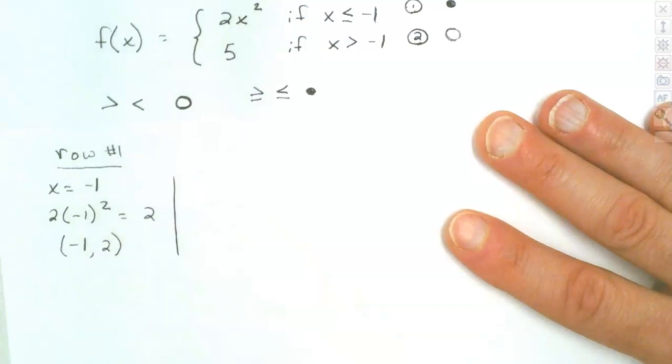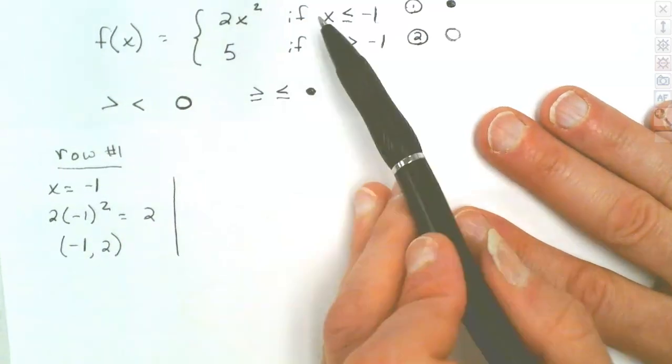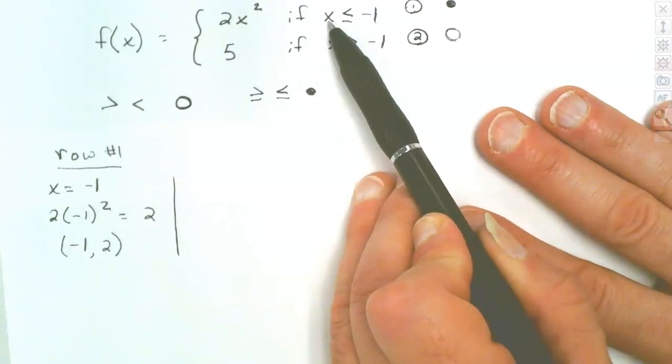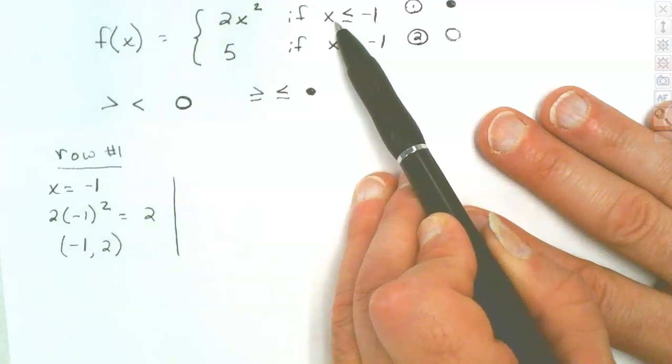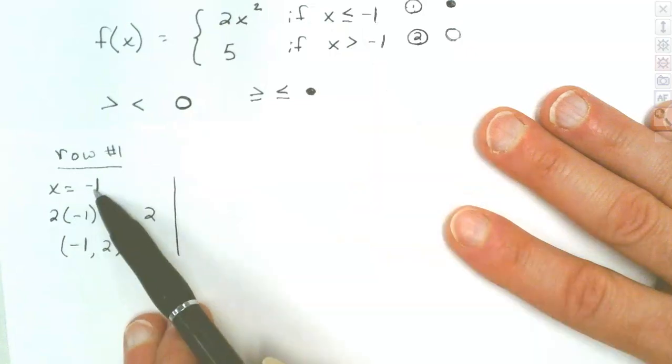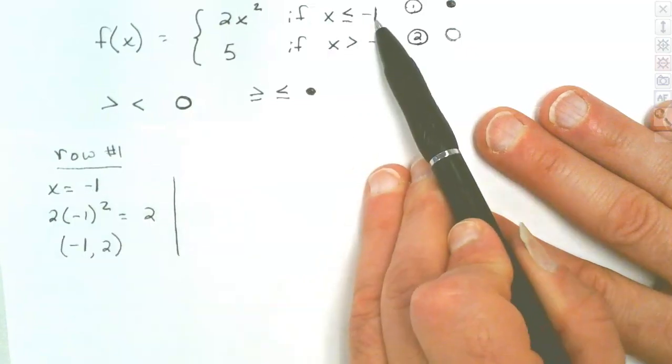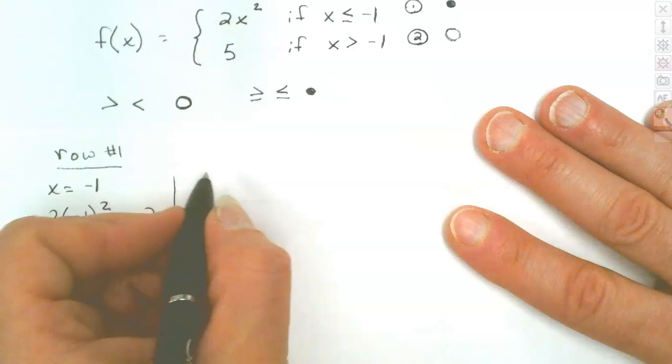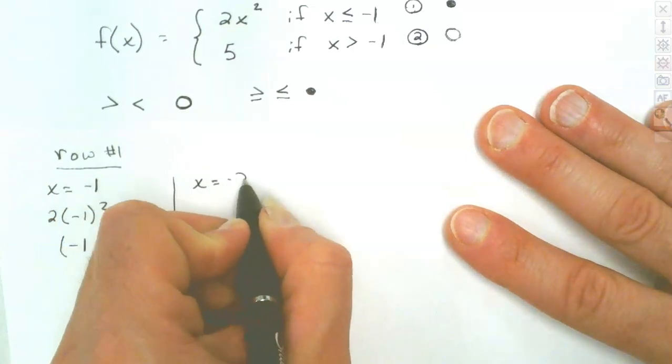We need another value, and we need to make sure that it falls in row 1. Now, row 1 is for numbers that are less than or equal to -1. We already plugged in the -1, so we need a number smaller than -1. So how about we use a -2?